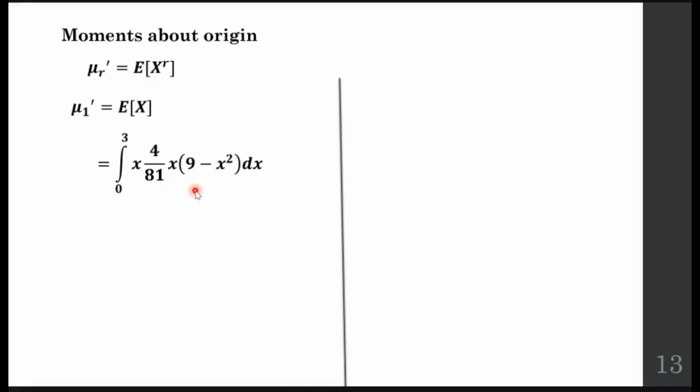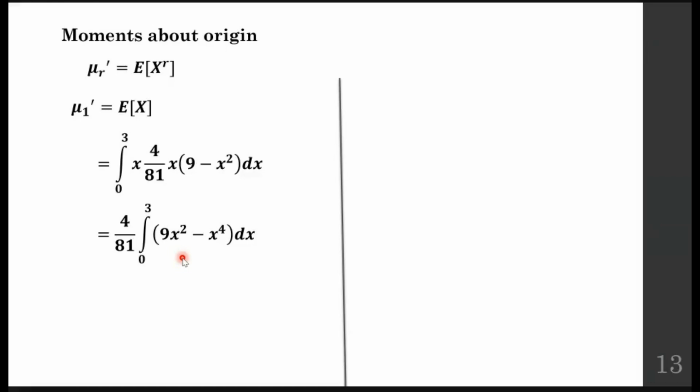So integrate this. Again, 4/81 is a constant which can be taken outside. This x square can be taken inside. Now integrate this and tell me what is the value of mu1 dash. 4/81 into 9x square minus x raised to 4 has to be integrated.